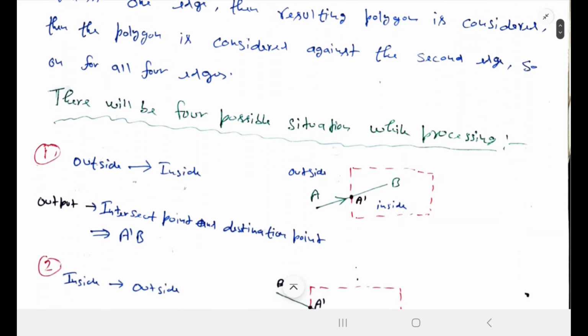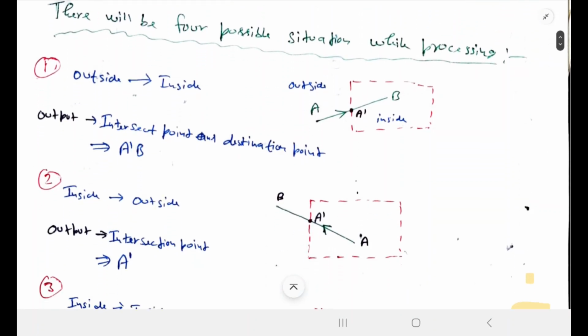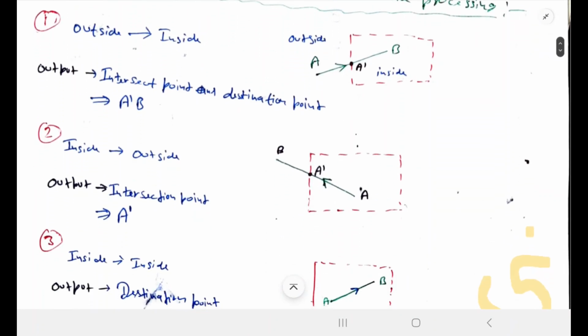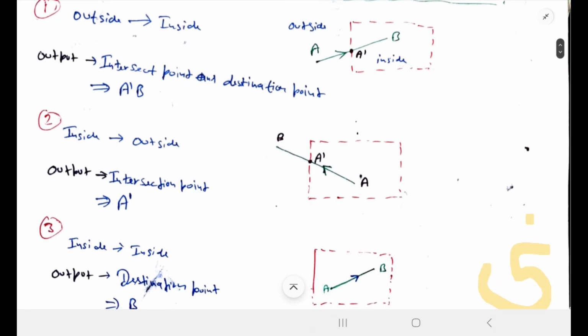First of all, there are four possible situations which we should keep in our mind when we perform clipping by using Sutherland-Hodgeman polygon clipping.